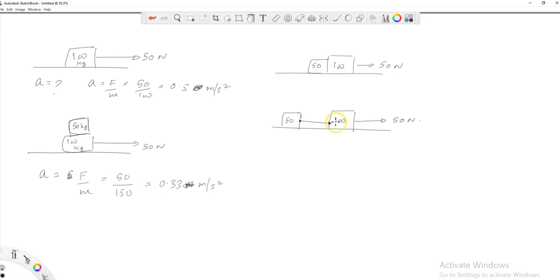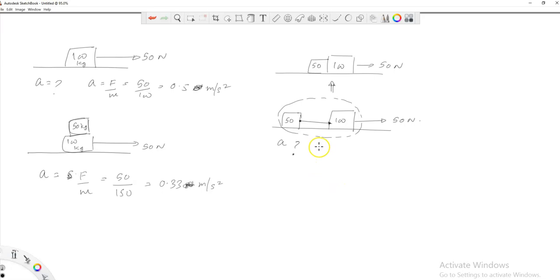So question number 1, what's the acceleration? For that, I'm going to consider this whole thing as a single unit, right? So it's like this. Make the string really, really short so that they sit next to each other. You get the same answer.